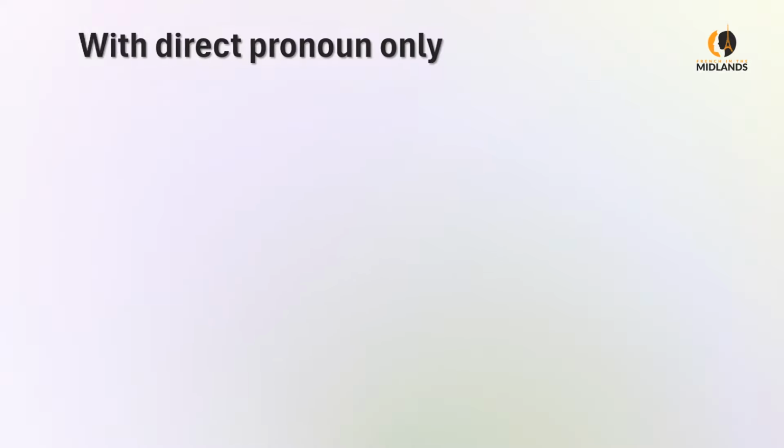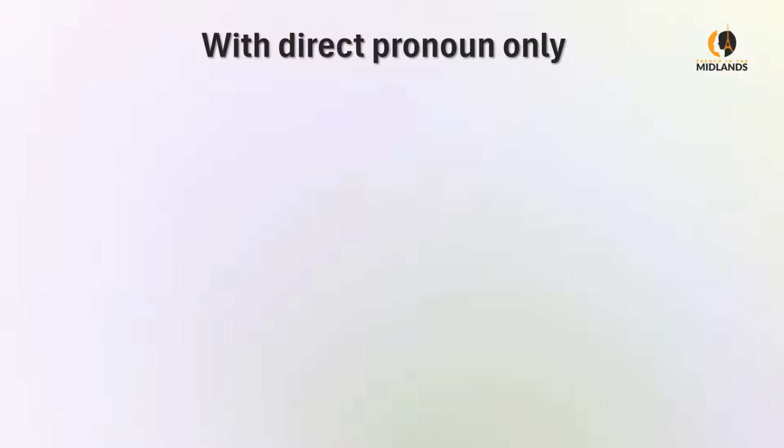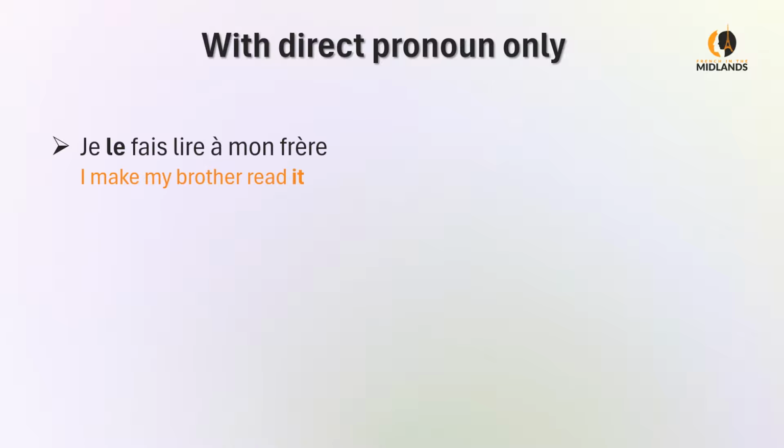Now let's do the same, but this time with a direct pronoun only. Je le fais lire à mon frère. I make my brother read it, as in the book. So the le replaces le livre. The subject is je.